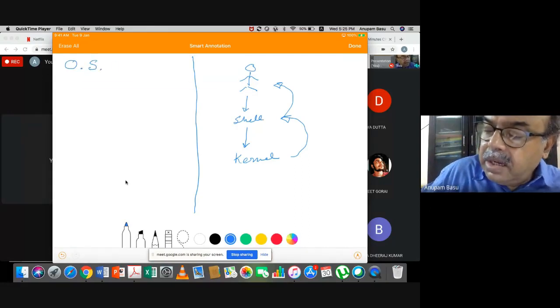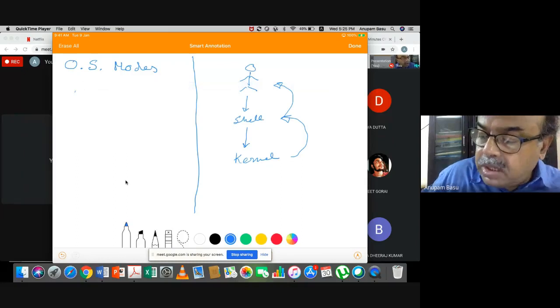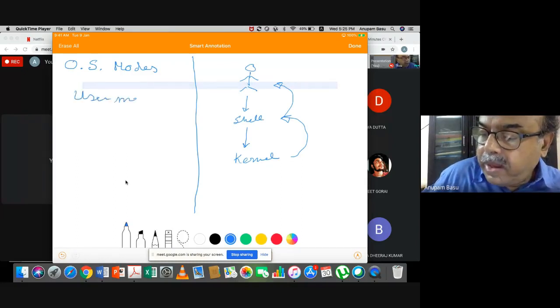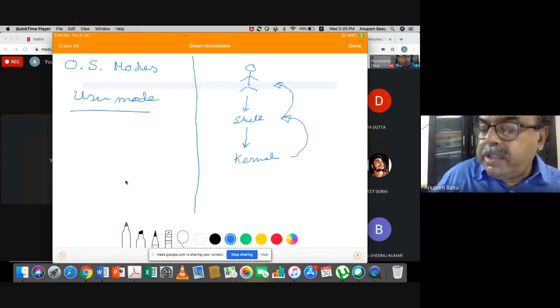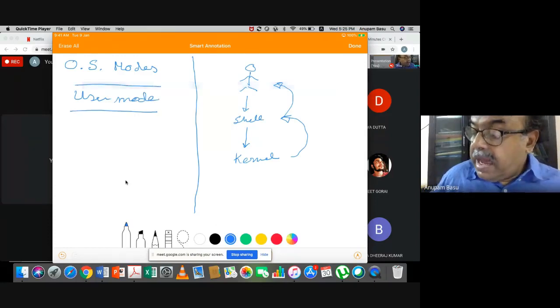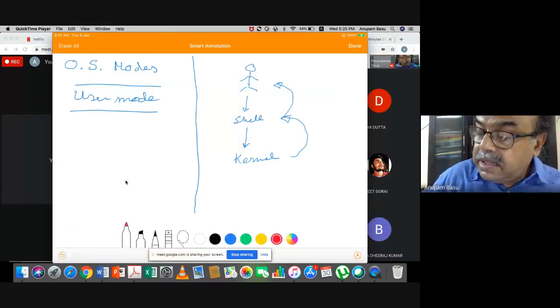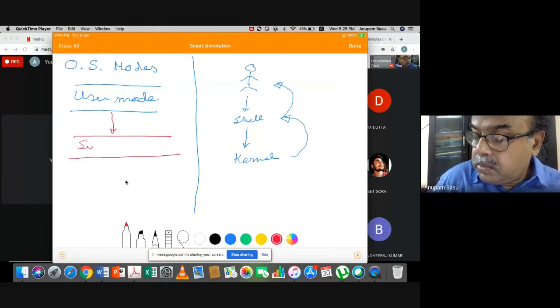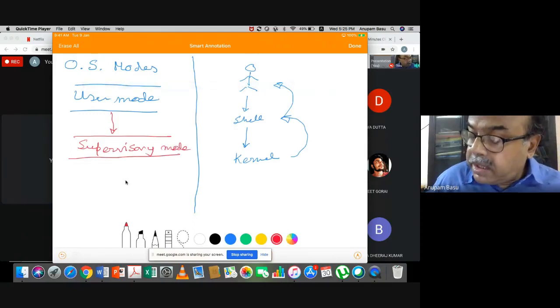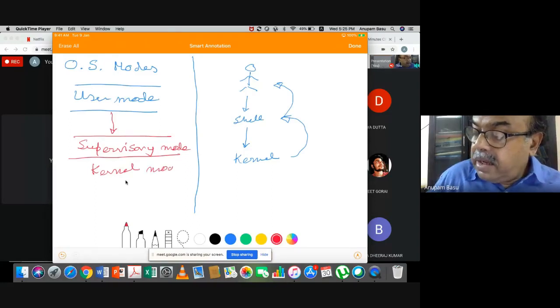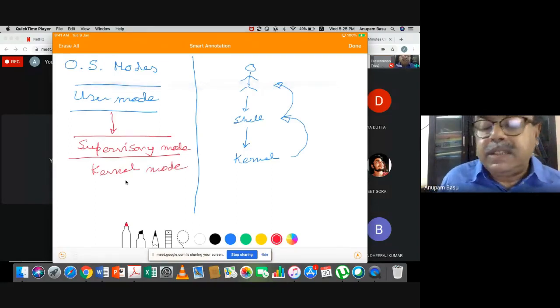Operating system operational modes: one is the user mode, in which normally the user programs execute, and the other one is the supervisory mode, or the kernel mode, you can call it either, where the overall supervisory decisions are taken.